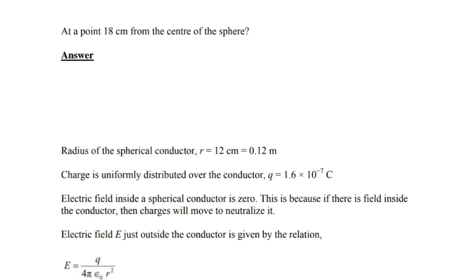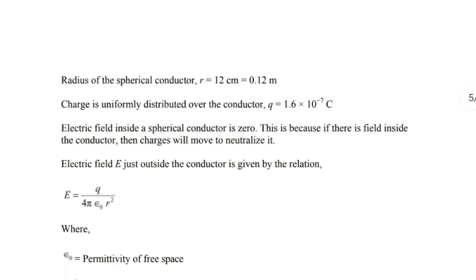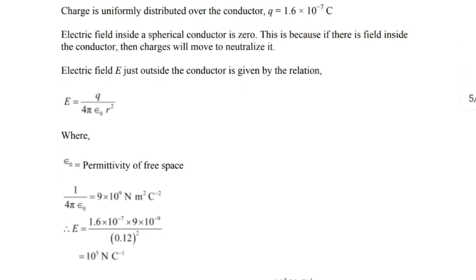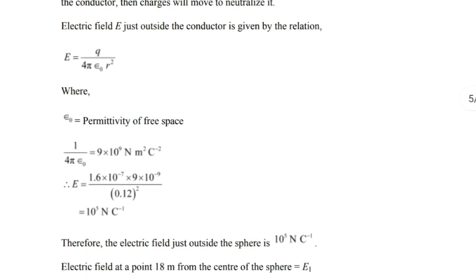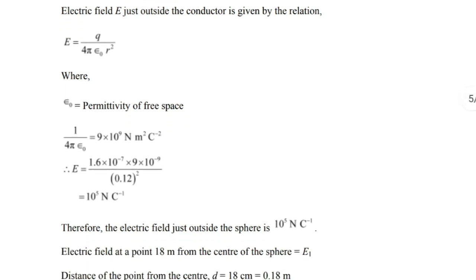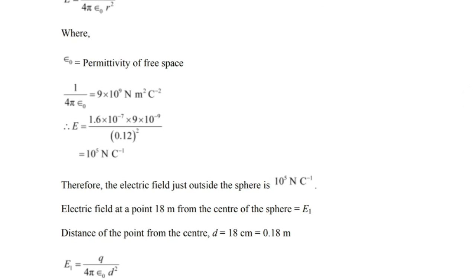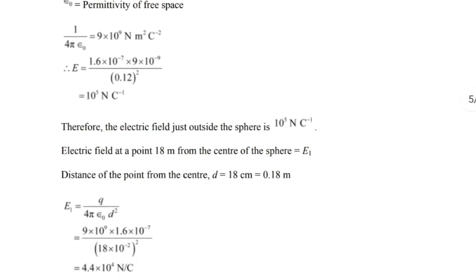We know that if it is a spherical conductor, inside the conductor the field will be equal to 0. Just outside the conductor means on the surface, so it becomes q by 4 pi epsilon 0 r square, where r is that radius. Substituting the value, you will get 10^5 newton per coulomb. Do the calculation.